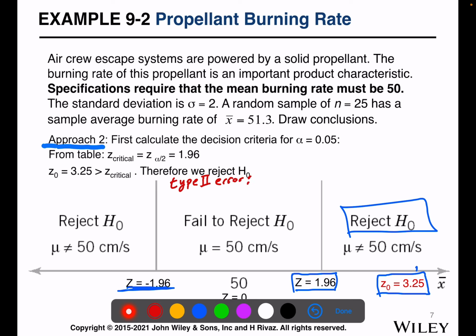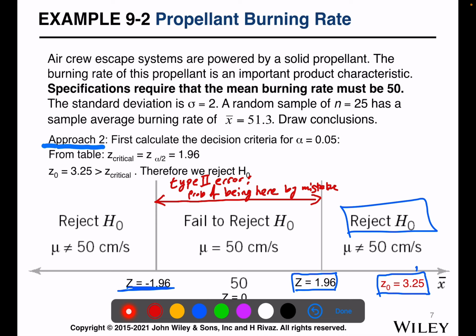Type 2 error is the probability of being here, but being here by mistake, right? That's the type 2 error.